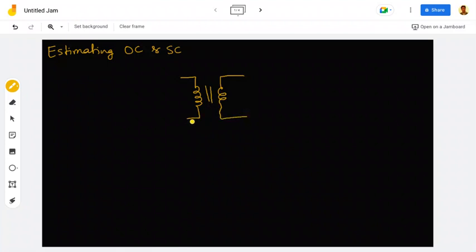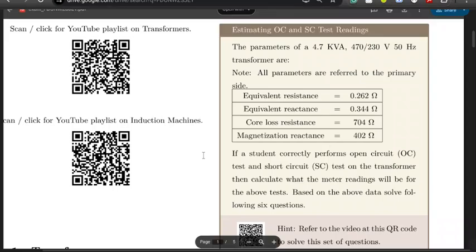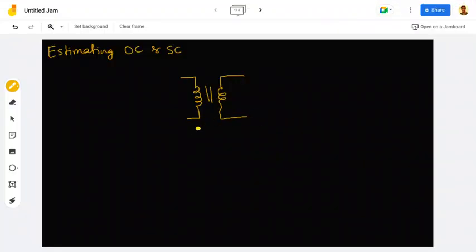So let's look at the parameters. 4.7 kVA, 470 by 230. So 4.7 kVA and 470 divided by 230 volts, and it's a 50 hertz transformer.